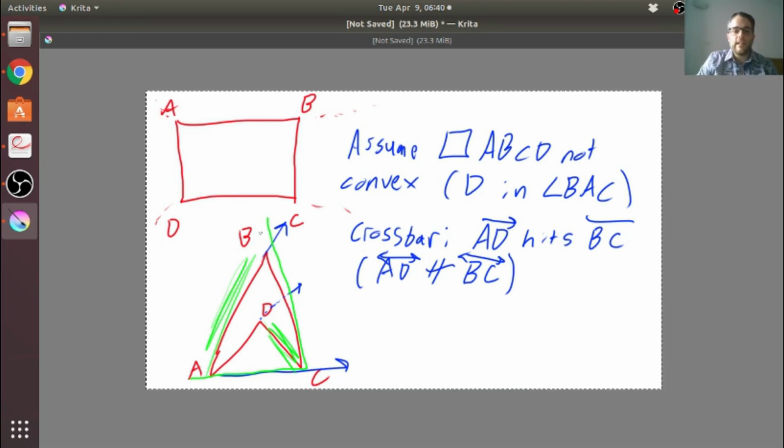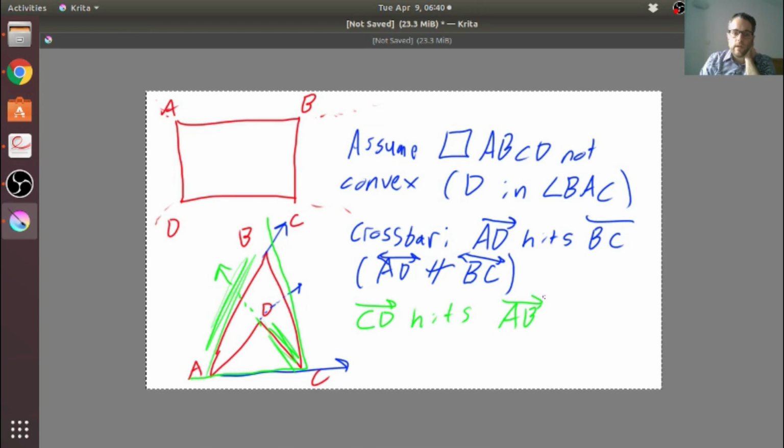And given that D is in the interior of BAC, I can argue that these two points have to be on the same side of this line, these two points on different sides of this line, and so on, to say that D also has to be in the interior of BCA. And we can argue the same way that CD hits AB. So they can't be parallel lines.